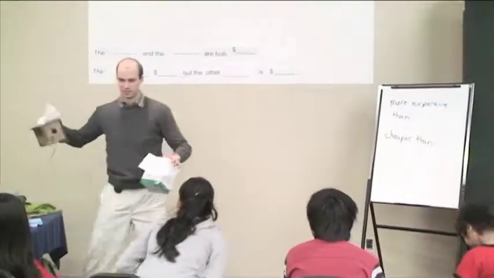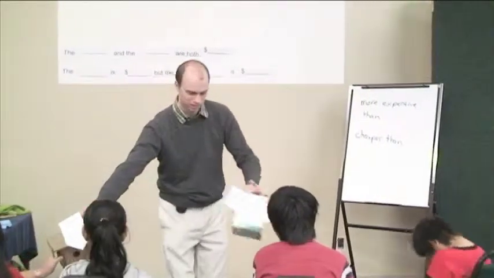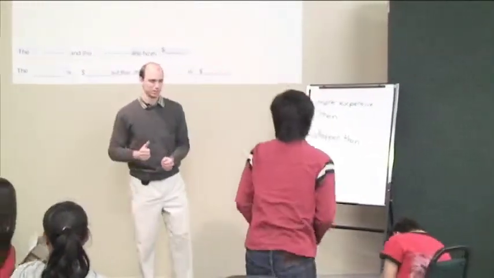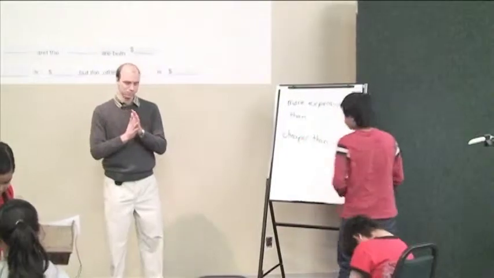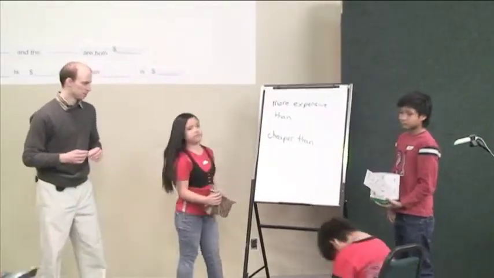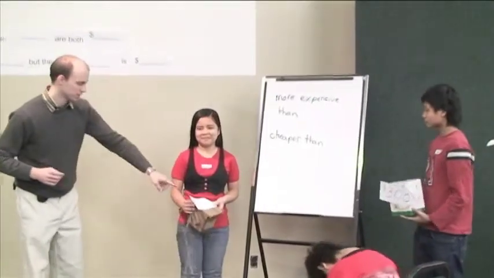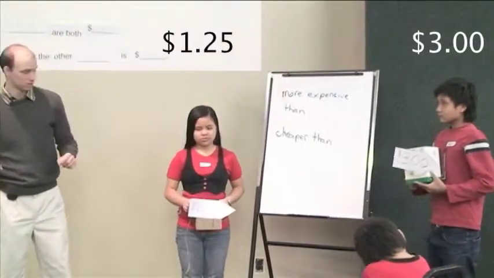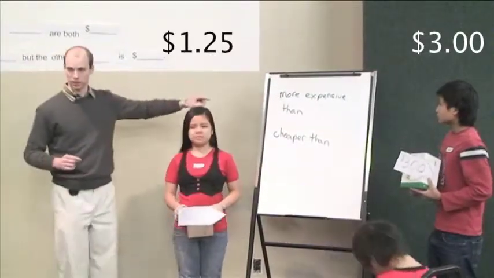Okay. I'm going to give one to you, Zarni, and this. Okay? Can you come up to the front? Okay, so what are we saying then? We have 125 and we have $3. So what sentence are they showing?